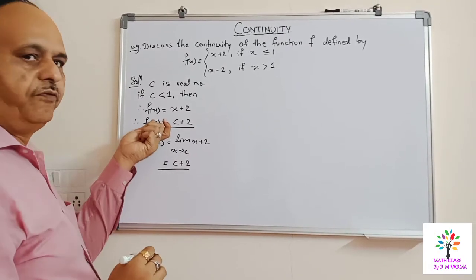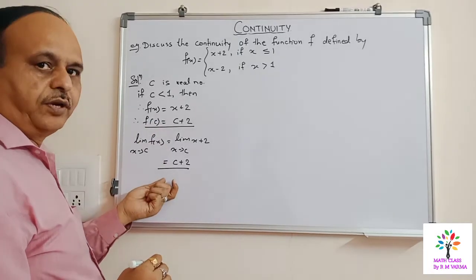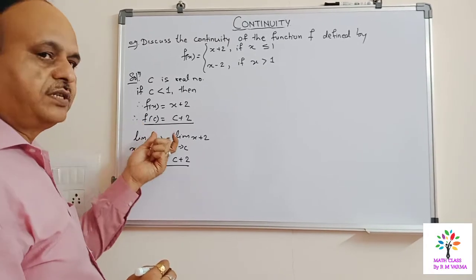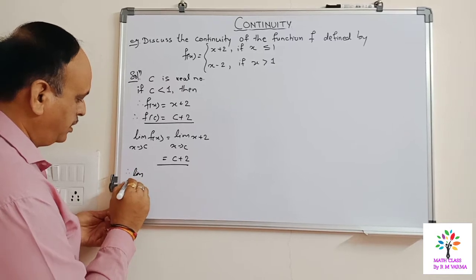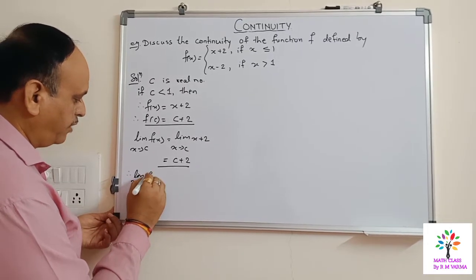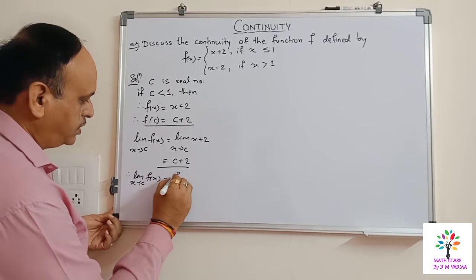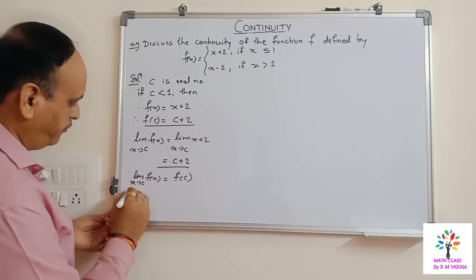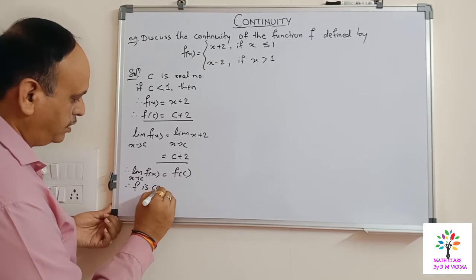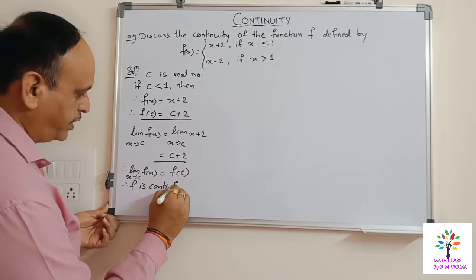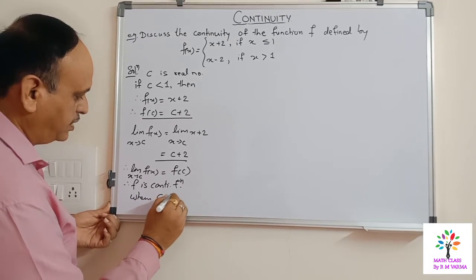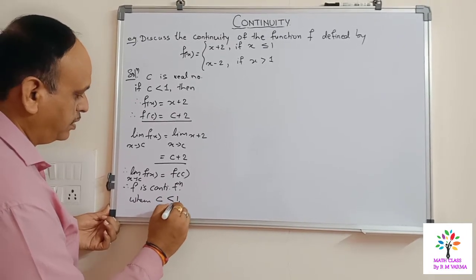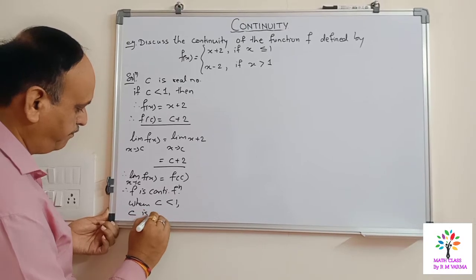So the value of the function and the value of the limit are the same. So f is continuous. Therefore, limit as x tends to C of f(x) equals f(C). Therefore, f is a continuous function when C is less than 1 and C is real.